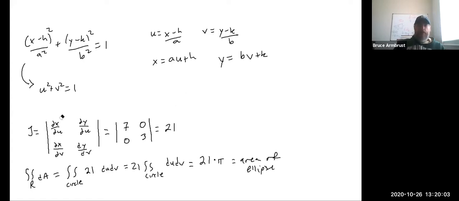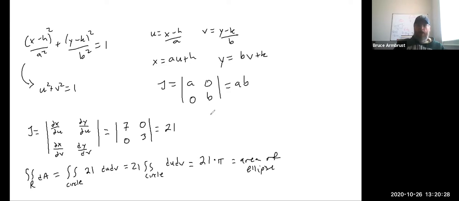But now let's set up our Jacobian. So our Jacobian is going to be dx du, so a, dy du, 0, dx dv, 0, dy dv, b. So that's going to be a times b.